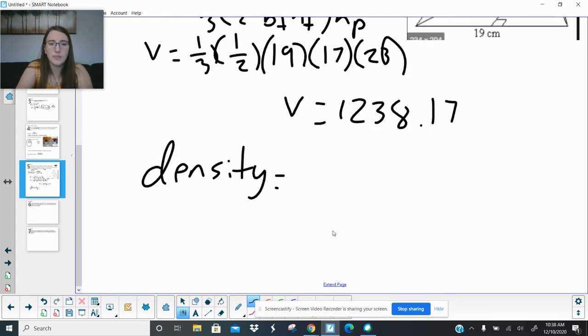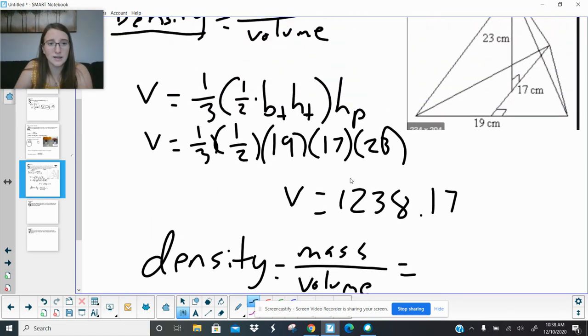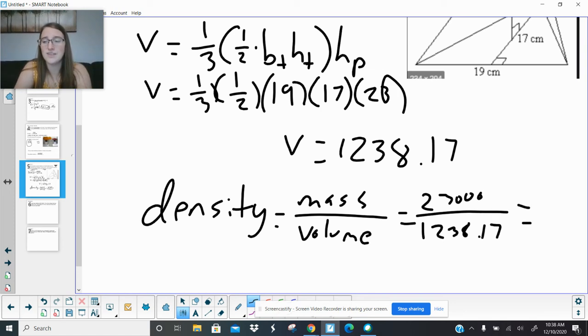We need density, which is mass over volume, and that formula just gave us the volume. So let's go ahead and plug the mass in up top, 23,000 grams, and the volume on bottom, 1,238.17. This is going to give me the density.